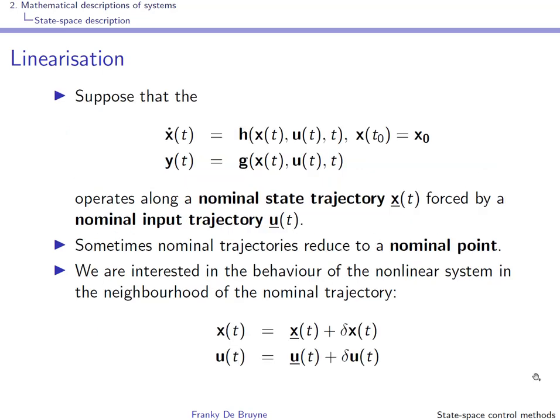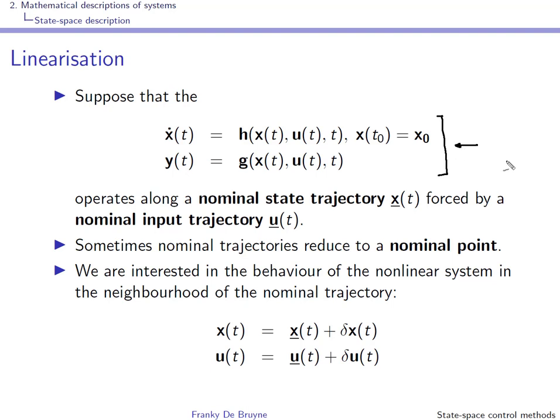Suppose that the system is non-linear, and then we know that the general state space description for a non-linear system, here it's even a time varying non-linear system, is the one that we've given at the beginning of the course.